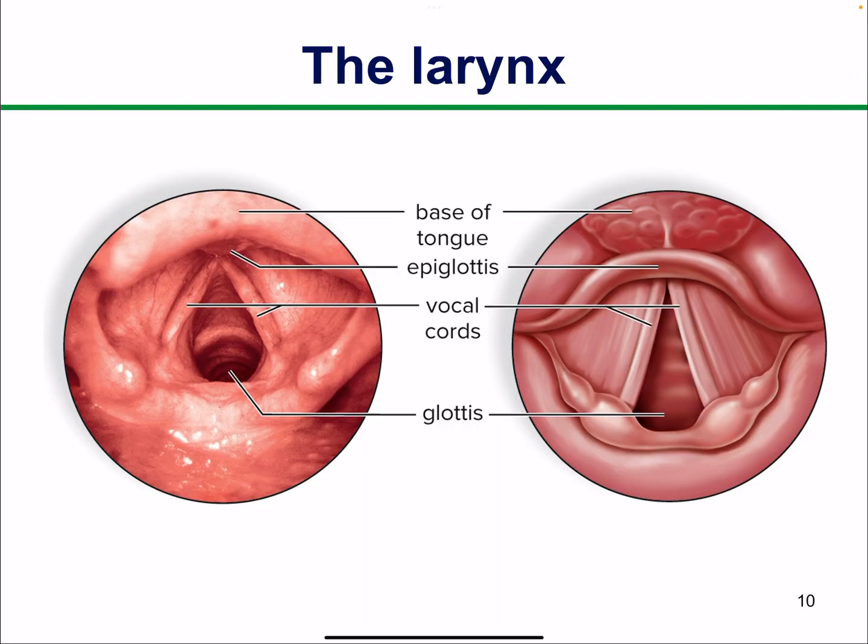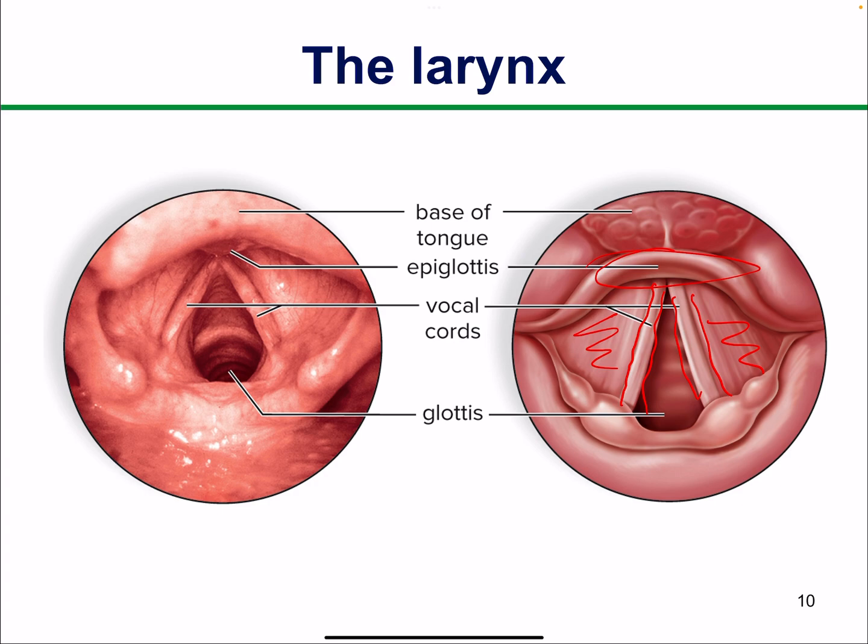The larynx is where you have the vocal cords. These are the true vocal cords, and these ones here are the false vocal cords. You also have the epiglottis, which moves when you swallow.